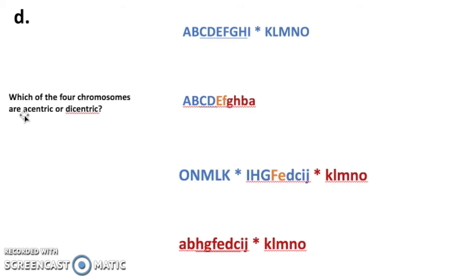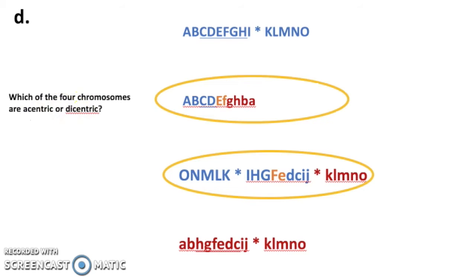So which ones either do not have that centromere, or if they're dicentric, have 2 of them? And in this situation, the middle 2 again are. So this top one is acentric, does not have that centromere portion, and the lower one here is dicentric, meaning it has 2 of them.